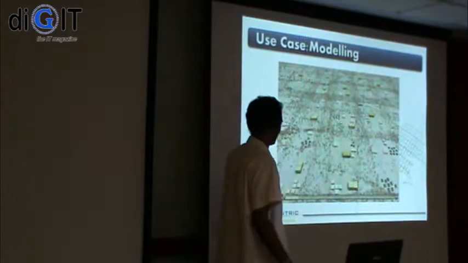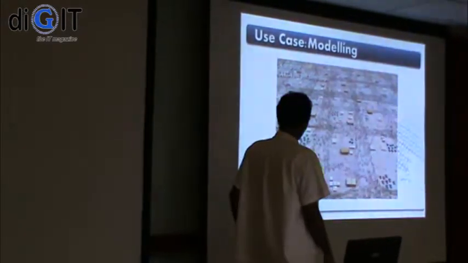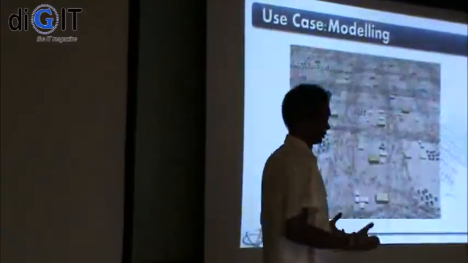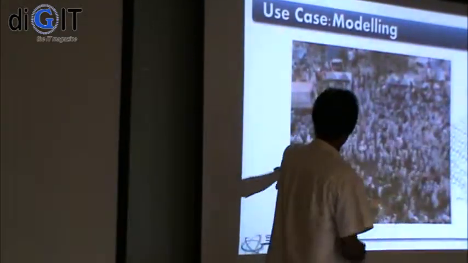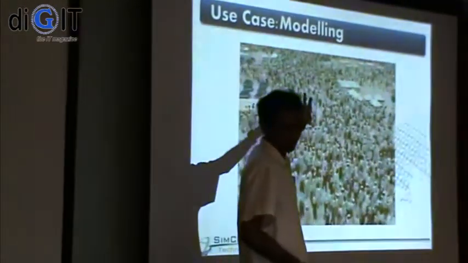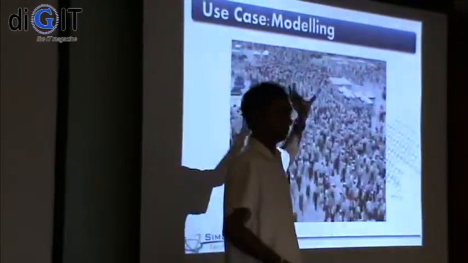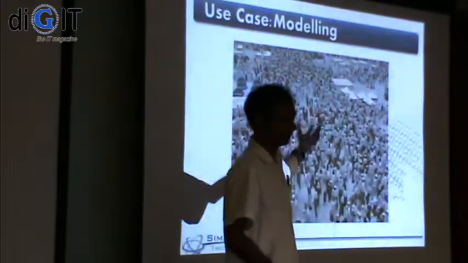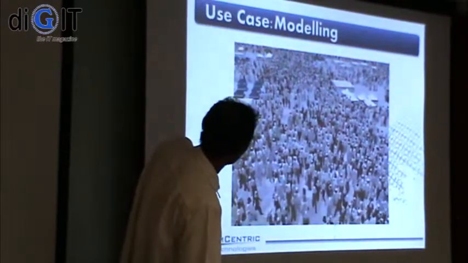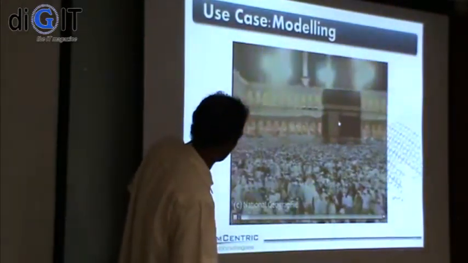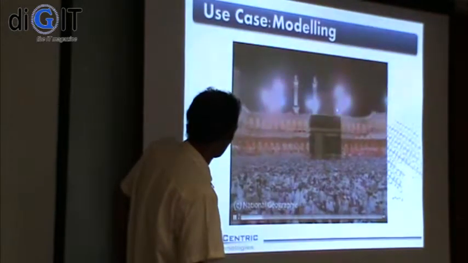This is a refugee camp in Somalia, and they try to use the same model to see if you can simulate people inside that area. This is the real shot, and they compare to see whether the computer generated model is actually similar to this or not. Another example is in my car.